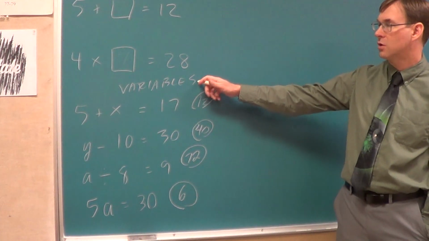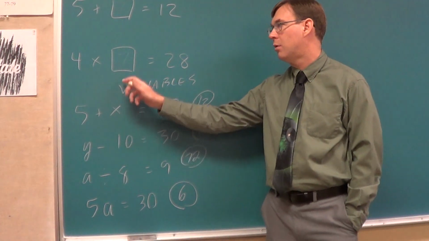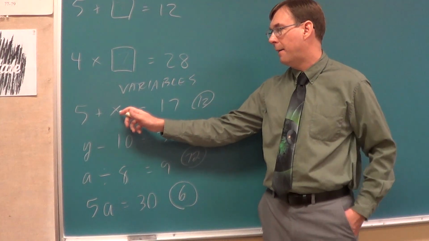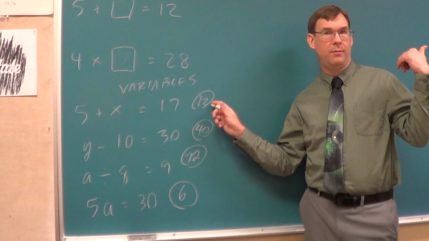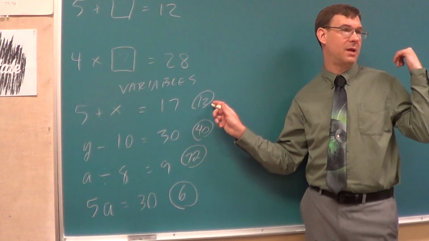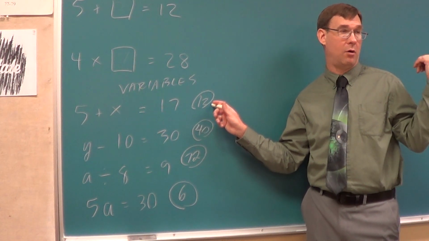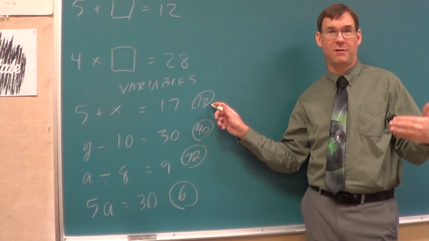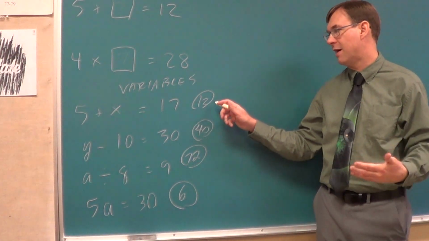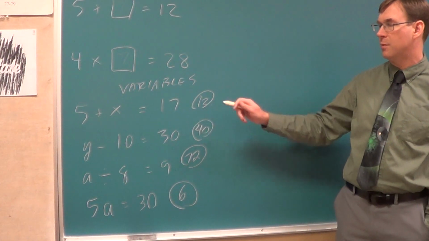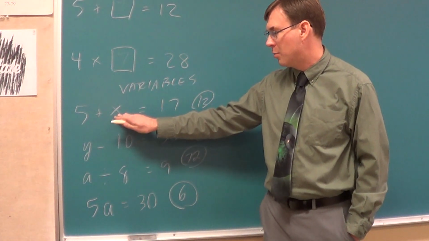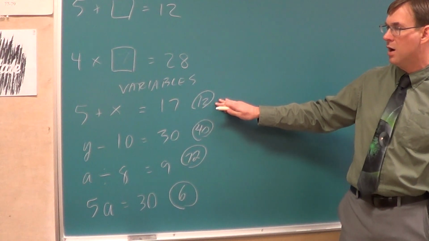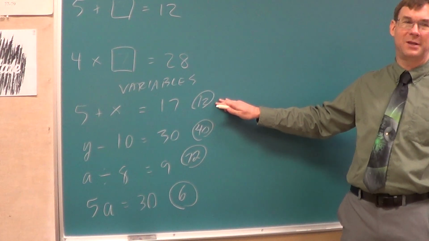But these letters are called variables. If you see a variable, it's just the mystery box. Like this time, x equaled 12. In some other problem, in some other book, does that mean that x is 12? No. X in every problem could take a different value. Sometimes when people are young, they think these variables have numbers that they're worth, but we're not trying to memorize what the numbers are.